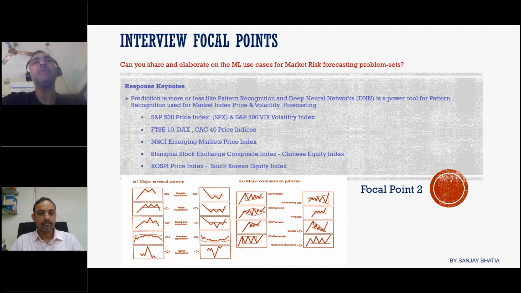Which is a memoryless property of the price or any volatility, any risk metric, which says that it doesn't really matter what the price was the day before yesterday or two days before yesterday. All that matters is what it was at the current time, or just the previous time, right? The price carries all the signals as it evolves, and the current price carries all the information which has been disseminated in the market.